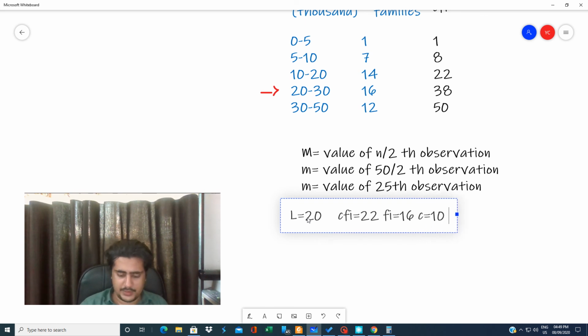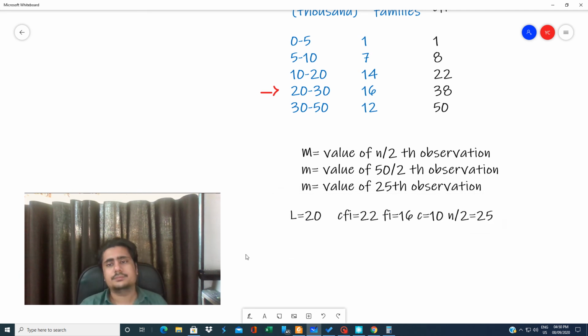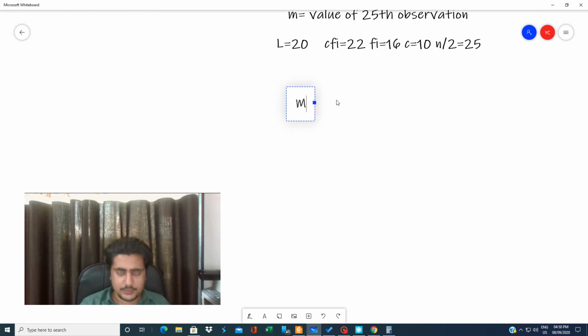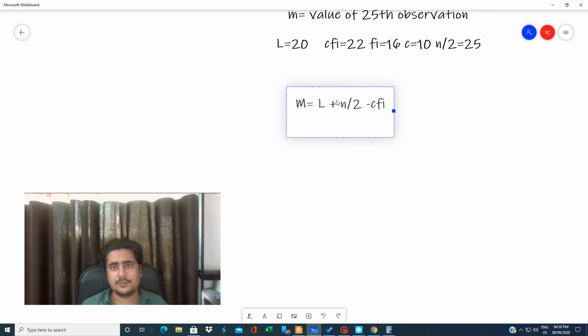Okay. N by 2 is in front of you. Now median is equal to L plus (n by 2 minus cf) upon fi, into C. So median is equal to 20 plus (25 minus 22) upon 16, into 10.